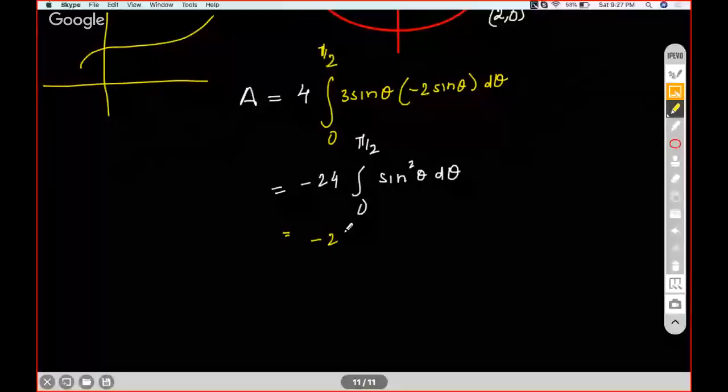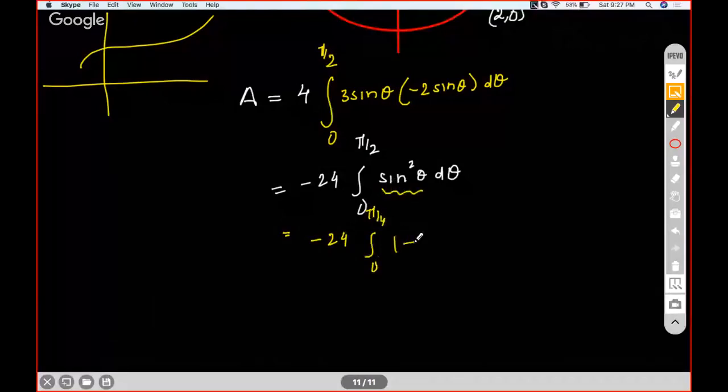This sine square theta, I can write it as 1 minus cos 2 theta by 2. Why? Because I cannot integrate sine square, right? I don't know the formula for that. -12. Clear?